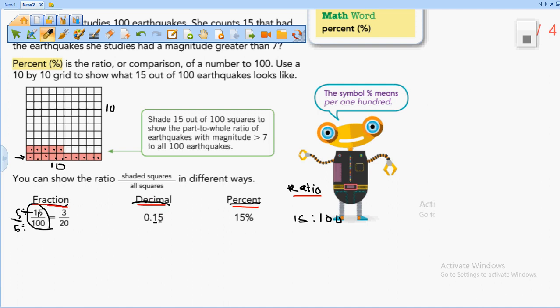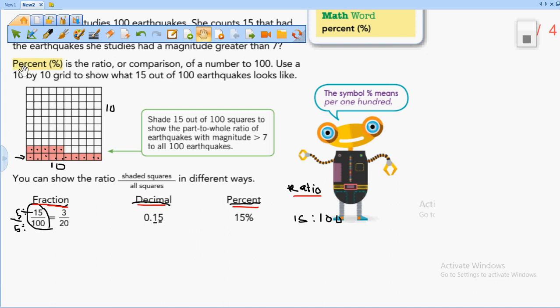Here you can leave it as 15 out of 100, or if you want to simplify it, or show it in simplest form, you can say 3 out of 20.